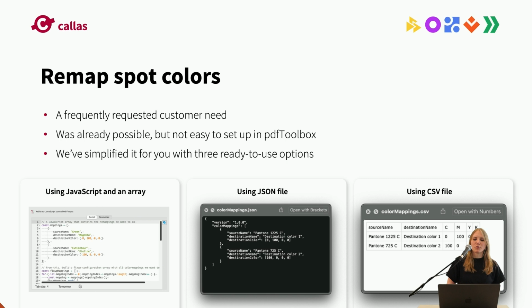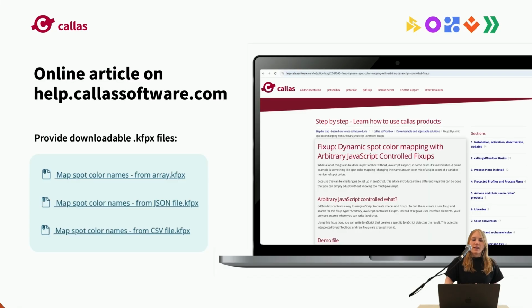Or if you don't want to do anything with JavaScript and JSON, we also provide an even simpler way using a CSV file. Where can you find these 3 approaches? We created a new online article in our online documentation at help.callassoftware.com. In there, you can find 3 downloadable KFPX files that you can just download and use straight away.